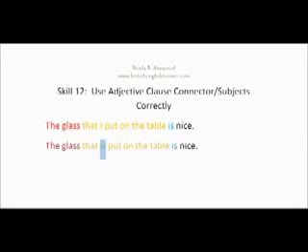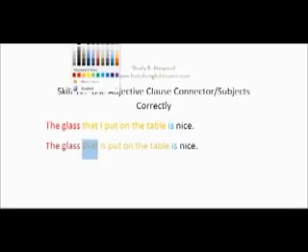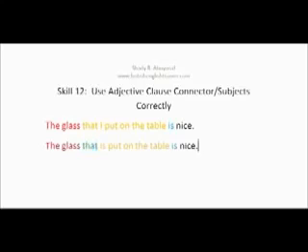Now the question here comes, where is the subject? If that is a connector and is a verb, so where is the subject? And the answer is that is a connector and the subject at the same time. That is a connector and a subject at the same time.